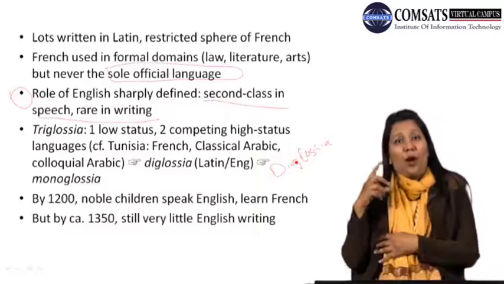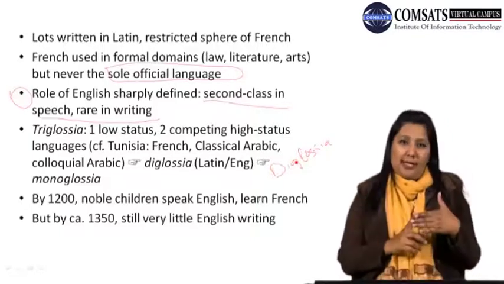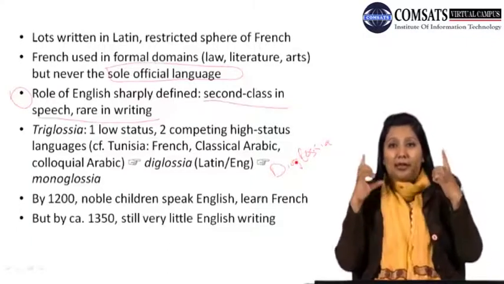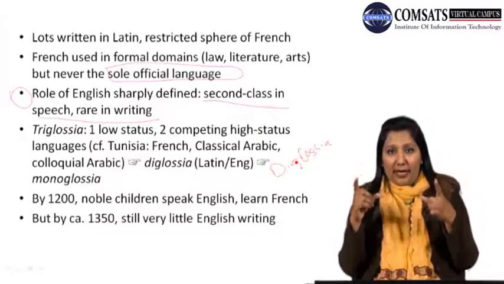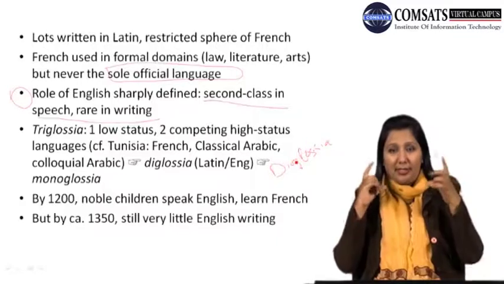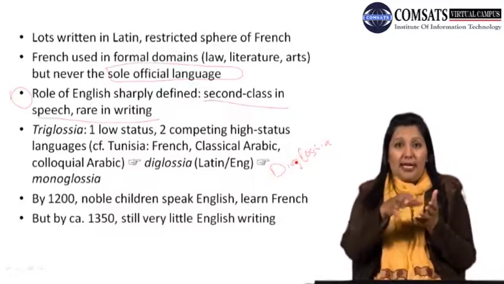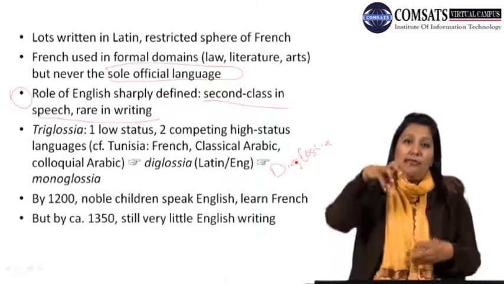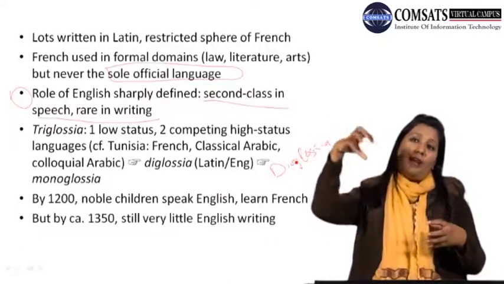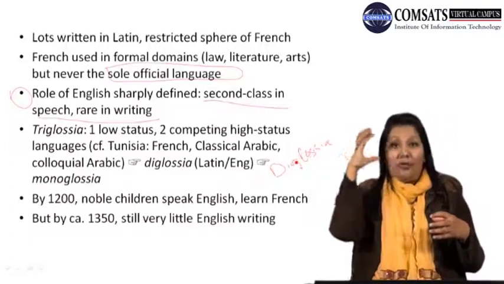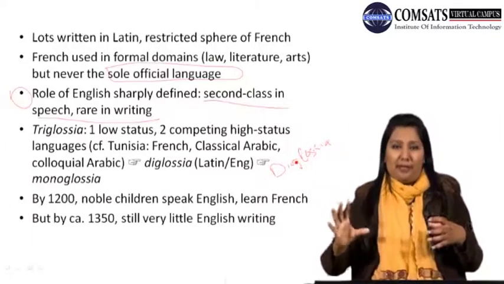So within one country, one language is there with three different statuses. The first status, that of the Holy Quran, is a very, very high status. We say that is the high quality of the Arabic language in Saudi Arabia.